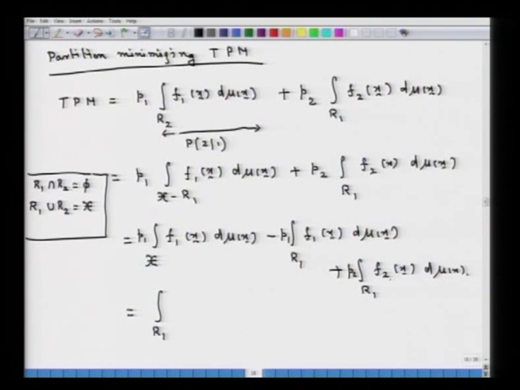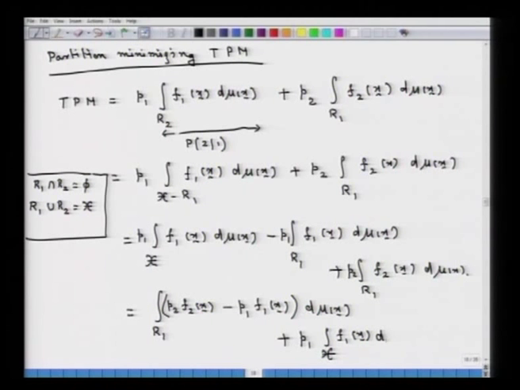Let us look at the third term first: P2 times f2 x minus, over the same region R1 with a minus sign, the integrand P1 f1 x times d mu x, and then we have the first term here, which is P1 times the integral over the region script X, the sample space, of f1 x d mu x.